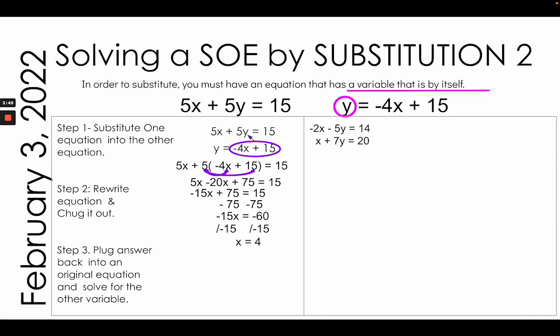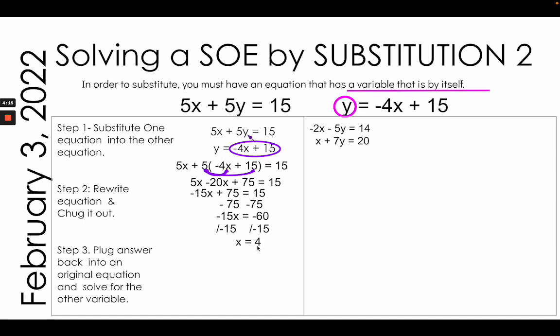Just like yesterday, we have only solved for one variable. We're going to take our x equals 4 and plug it back into either equation, the top or the bottom. But take a look at the equation: because this is already a y equals, this will be the easier of the two equations to plug it back into. So I'm going to drop this equation, y equals negative 4x plus 15, down here.